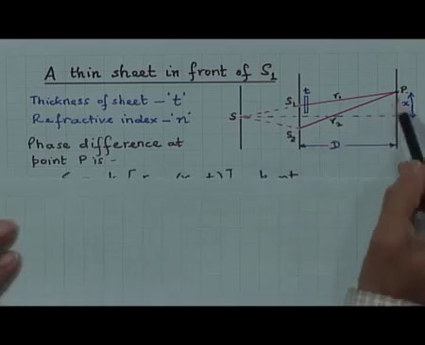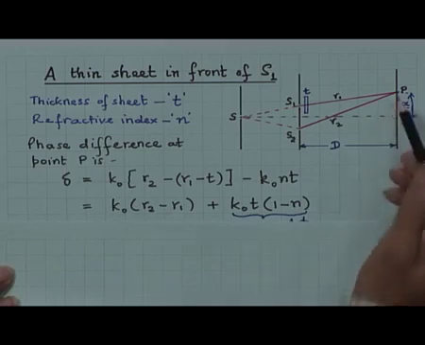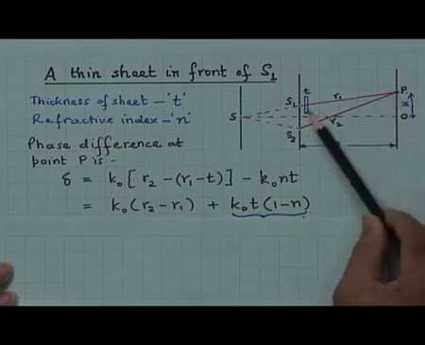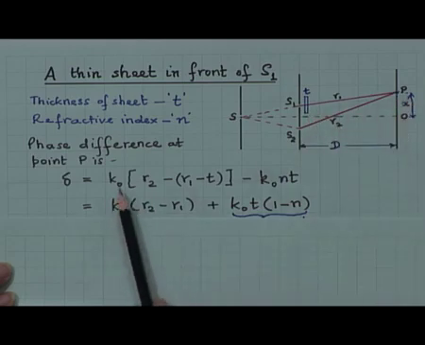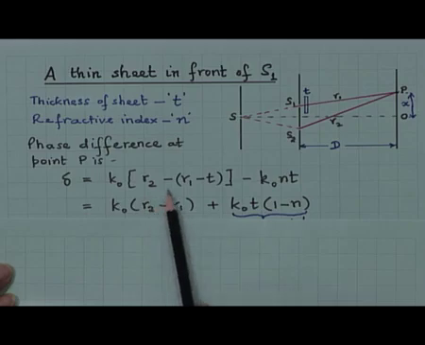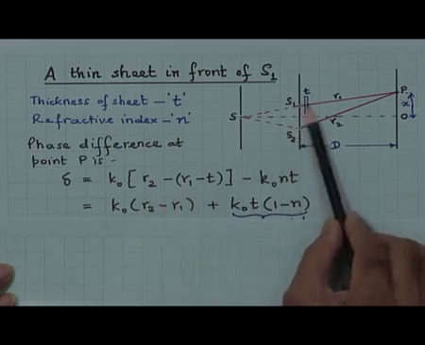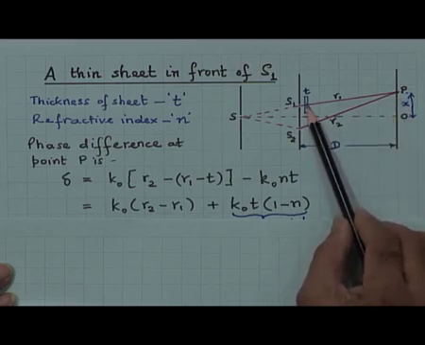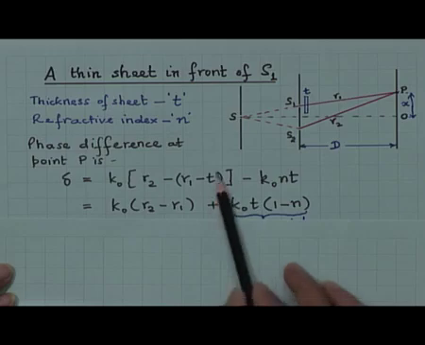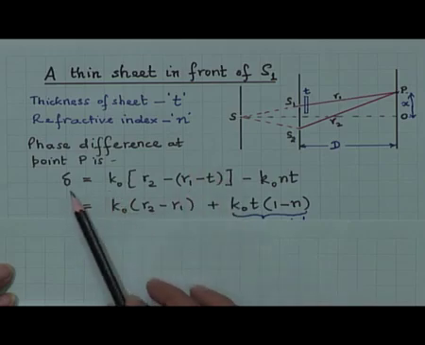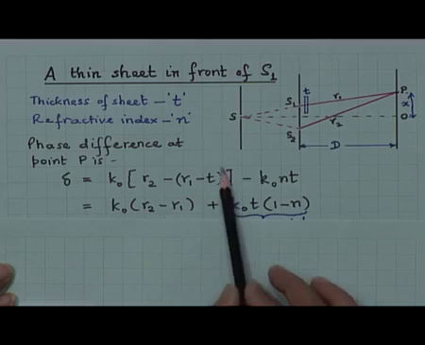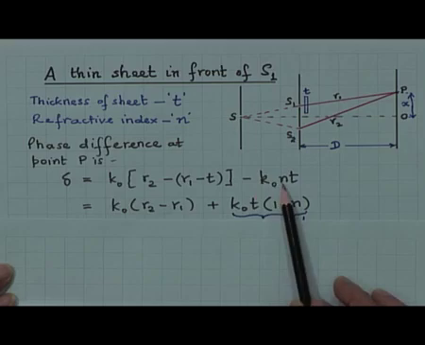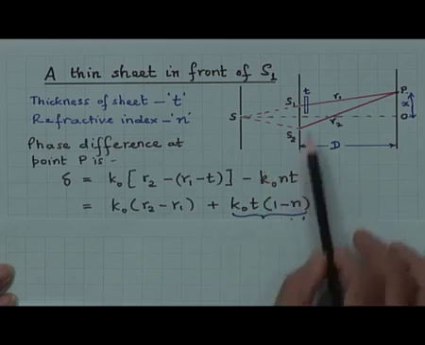So, the phase difference at the point P, at the arbitrary point, delta is equal to, first in air, what is the path difference? The path difference is k0 into R2 minus R1 minus T. R1 was the path in air earlier, but once the sheet has been introduced, R1 minus T is the path in air. Therefore, the phase difference is k0 into the path difference in air minus k0 into n, that is k, into the thickness of the sheet.